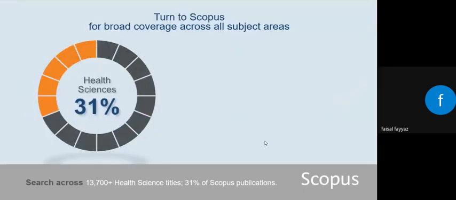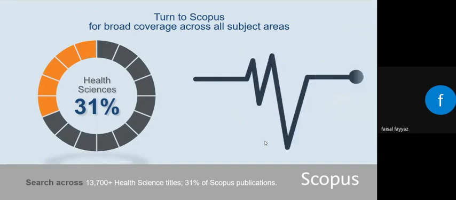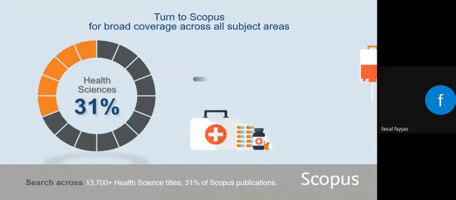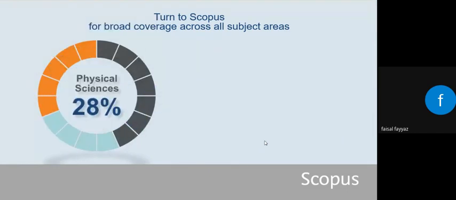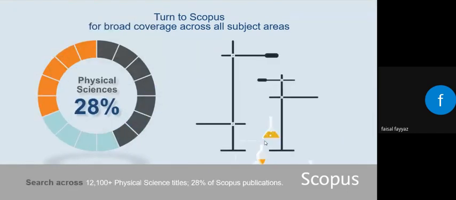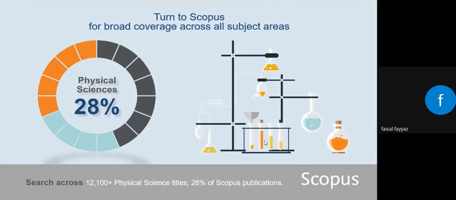So when we talk about Scopus, turn to Scopus for broad coverage across all subject areas. So you are looking here that it covers 31% of health sciences, and physical sciences you are looking, it covers 28%.